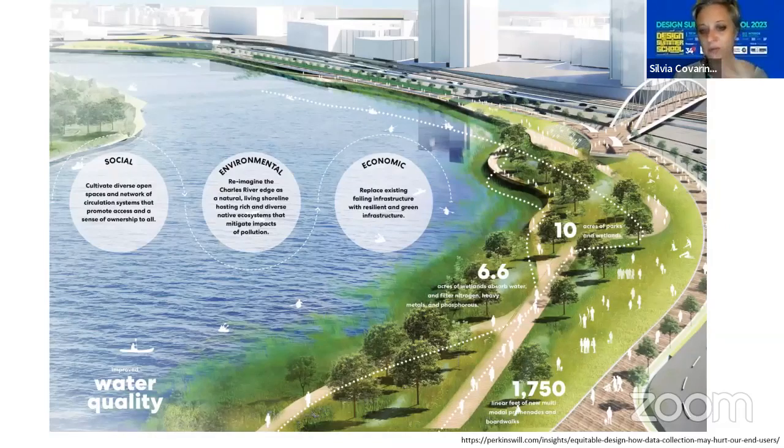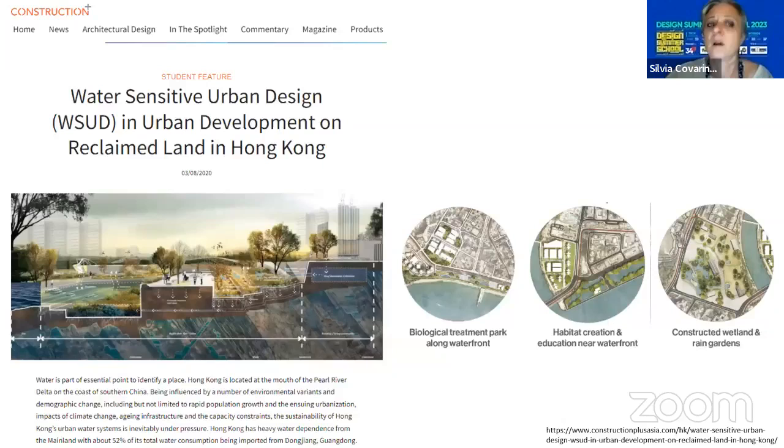This is an example from a manual, generating a water quality design environment. We're moving on to think about a water sensitive way of doing urban design, an approach like tactical urbanism or urban acupuncture. This is an example in Hong Kong where you also consider the ground.